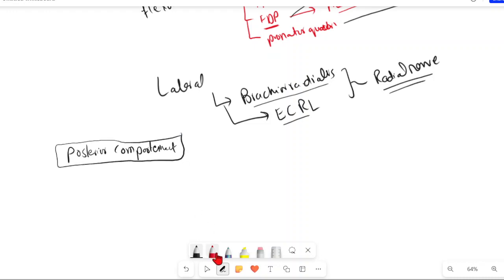Toward the posterior compartment, we will extend all the muscles.